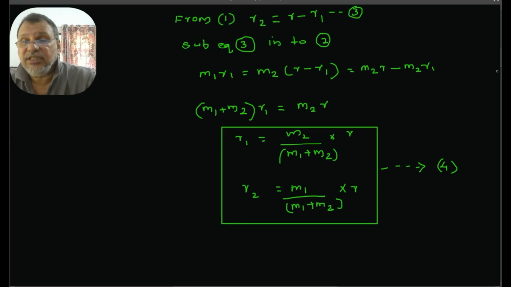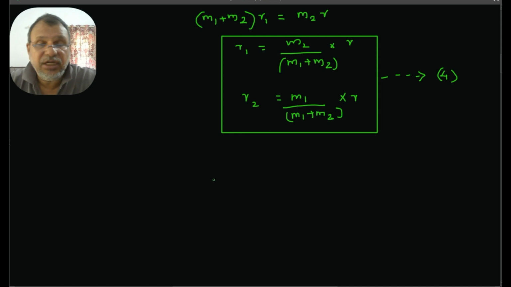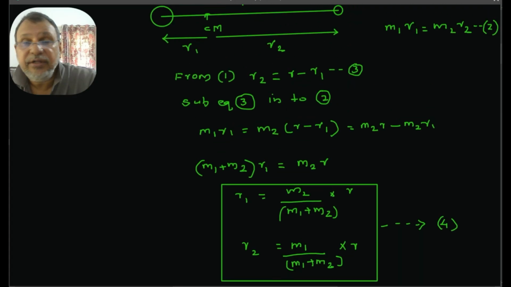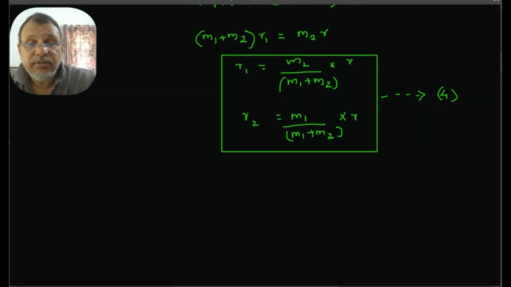Okay, now let us consider the second part of the relationship. We are going to find out the tangential speed. Let's call the first part one. Now let's go to the second part.